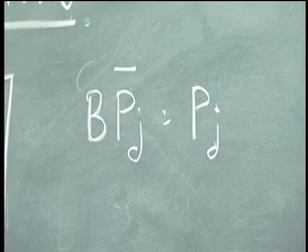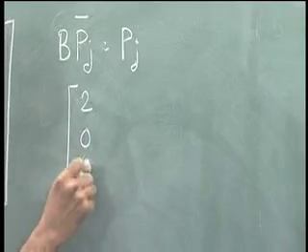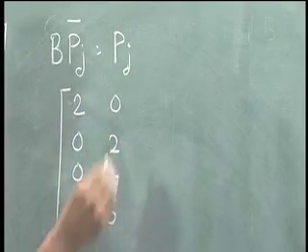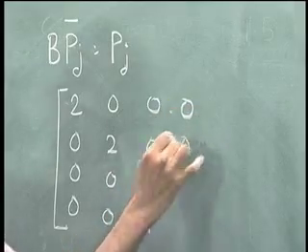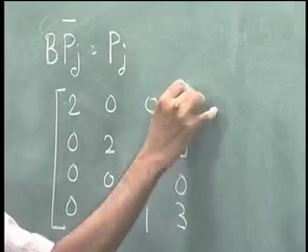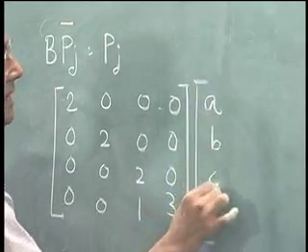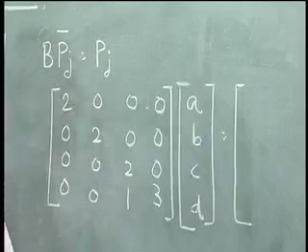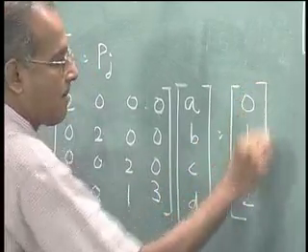B is known here. So, we write this 2 0 0 0, 0 2 0 0, 0 0 2 1, 0 0 0 3, and let us call P bar j as A B C D, is equal to P j, which is the entering pattern, which is 0 1 0 2.